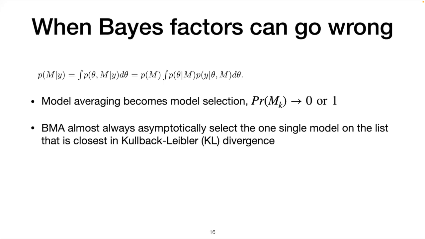Asymptotically, as n, the number of examples, goes to infinity, Bayesian model averaging becomes model selection because you just pick one model. And that model can be quantified as the model that has the smallest KL divergence to the true data generating process.